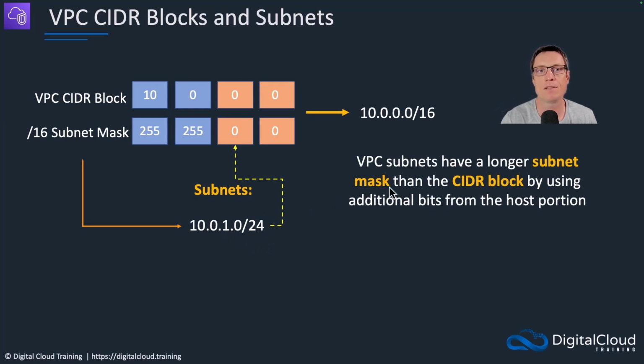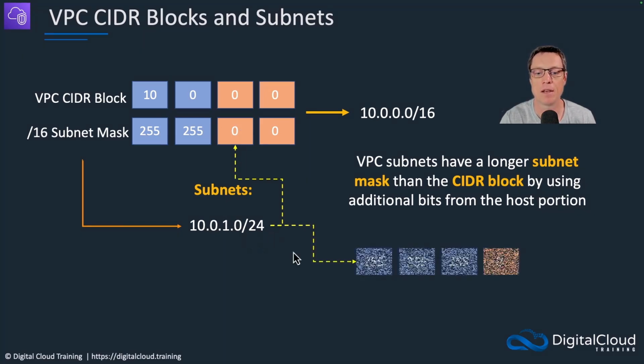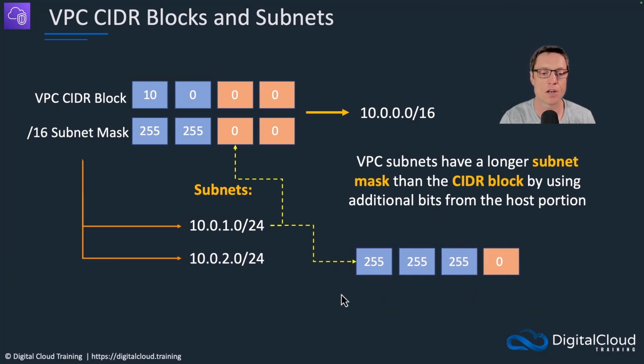So the VPC subnets will always have a longer subnet mask than the CIDR block, by taking additional bits from the host portion and assigning them to the network portion. So now the subnet mask looks like this one. Then I can create 10.0.2 and 10.0.3 and so on.